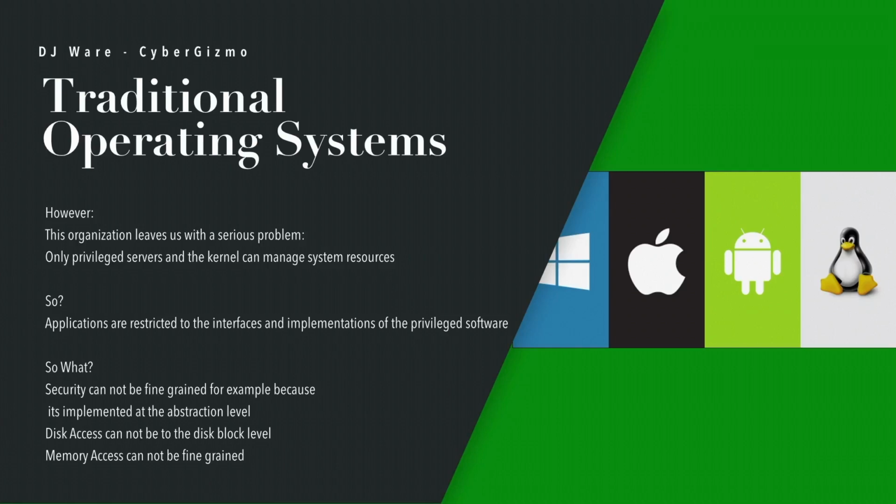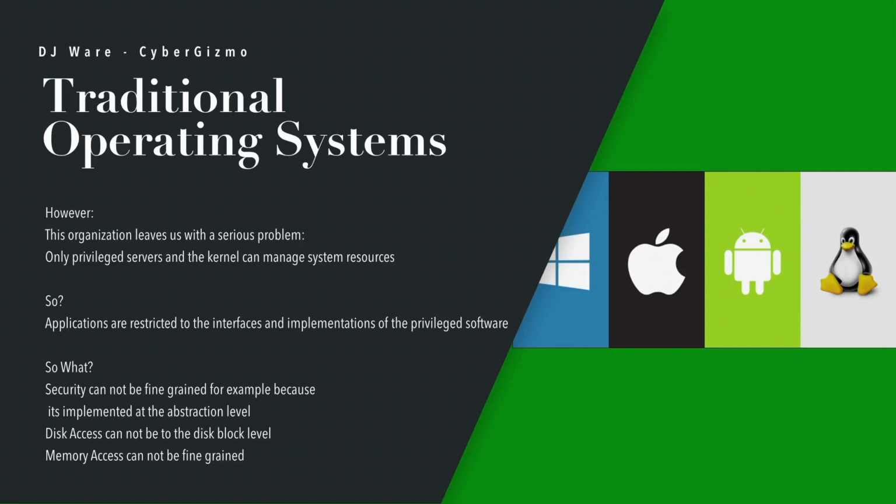In other words, the only thing an application can do with a particular hardware resource is whatever the kernel presents to it. It doesn't have the choice. If it needs finer-grained management of that hardware or system resource, it can't do it because it's not provided for in the kernel.